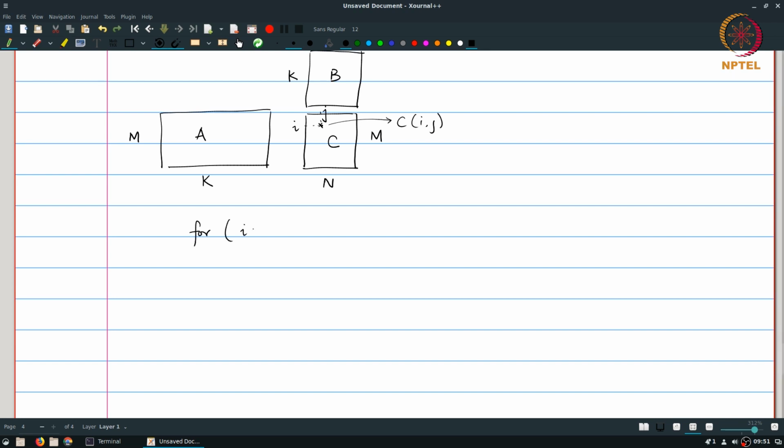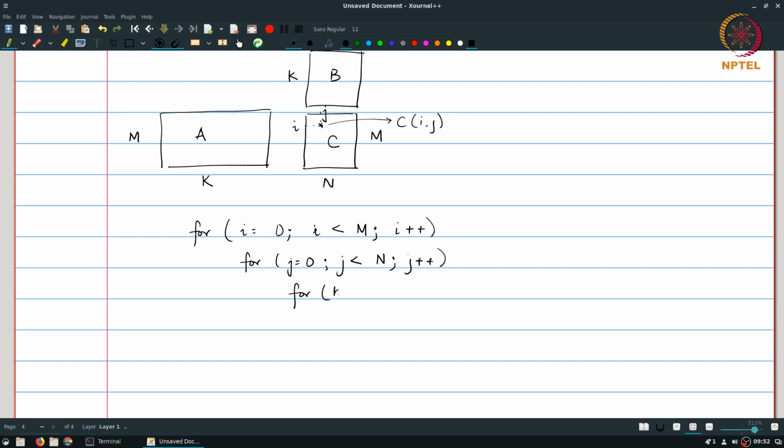For i equal to 0, i less than M, i plus plus. I'm assuming that I have a language which is C or something very much like C. For j equal to 0, j less than N, j plus plus.